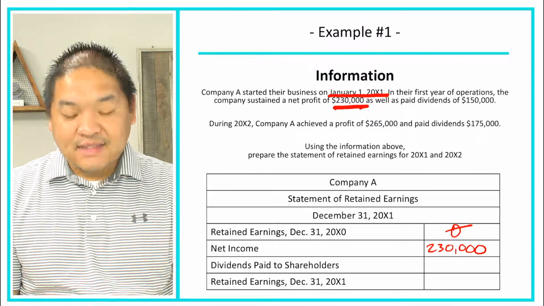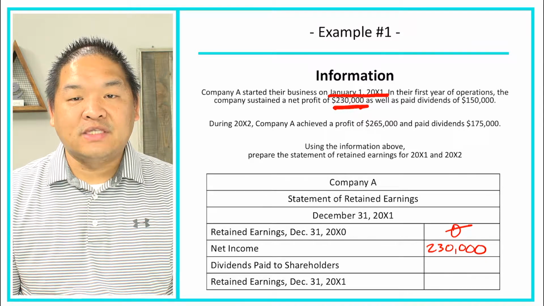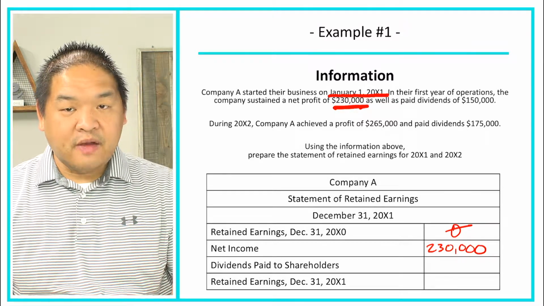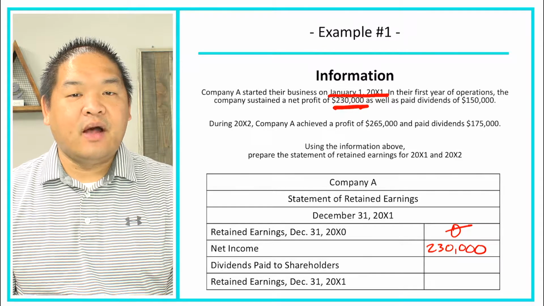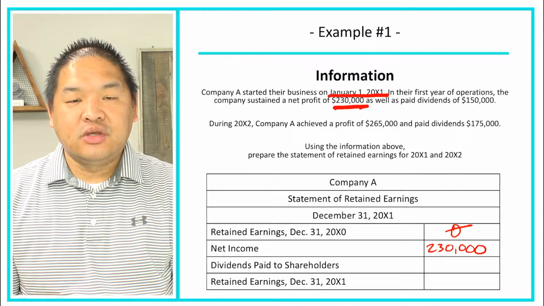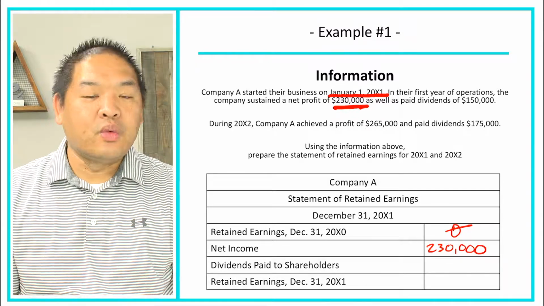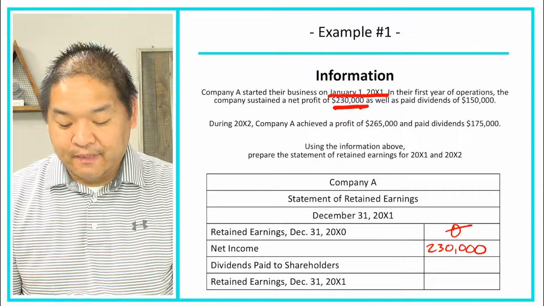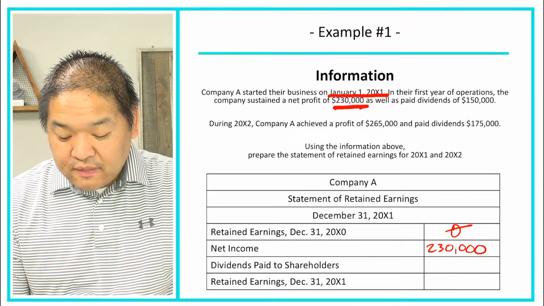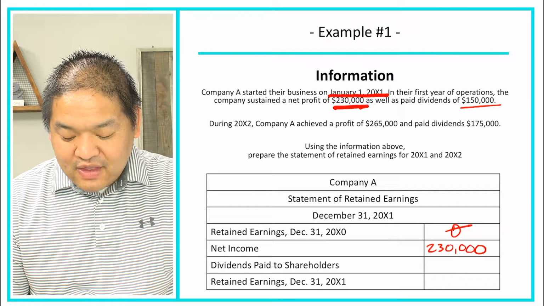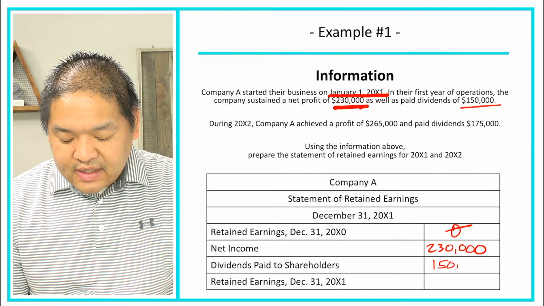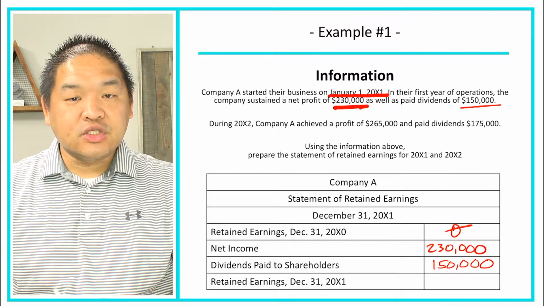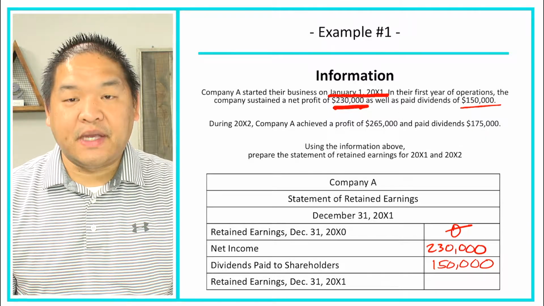Then the next thing it asks us for is dividends paid to shareholders. The dividends paid to shareholders is the amount that we've actually paid to those shareholders as a reward for their investment in our company. So in that first year, it looks like we paid $150,000 in dividends. So I'm going to put $150,000 in the dividends paid to shareholders.